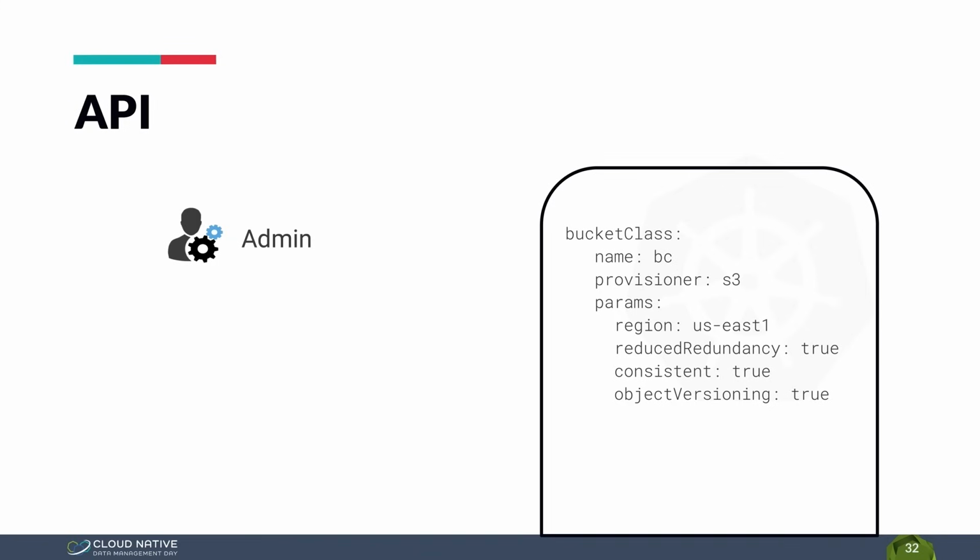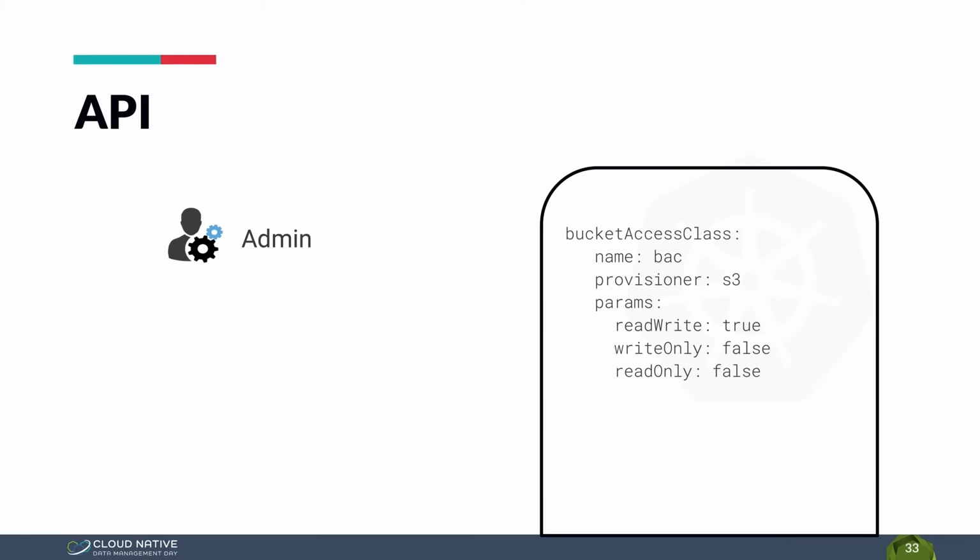That is an admin only managed resource, and that looks like what I've shown on the screen. Similar to bucket class, there's also bucket access class, which encodes properties about what kind of access a developer can request for a bucket. So admin controls the classes and developer controls the requests.